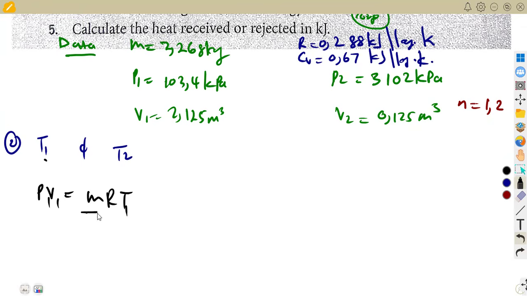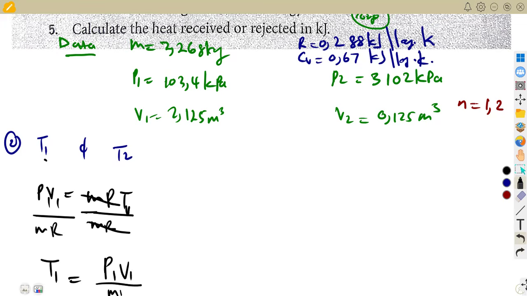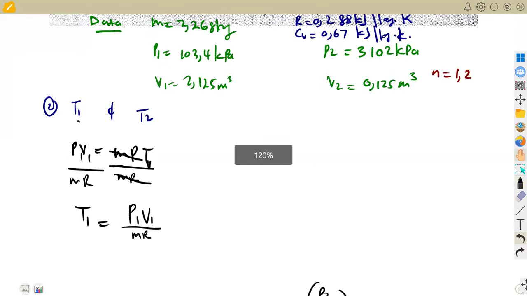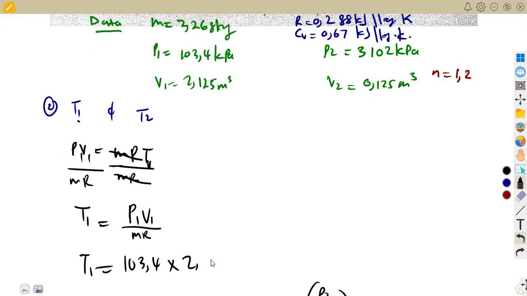So to find T1, just going to divide by MR both sides, so you remain with T1. So T1 is equal to P1 V1 over MR. So that's it. The pressure at 103,4 times V1, 2,125. Then everything over what? That's M, the mass.